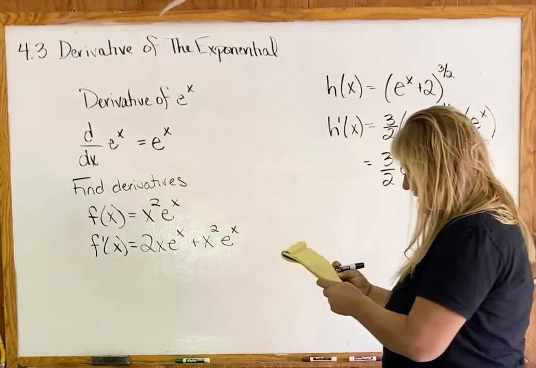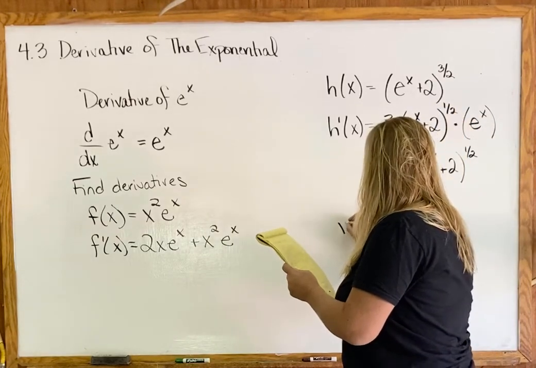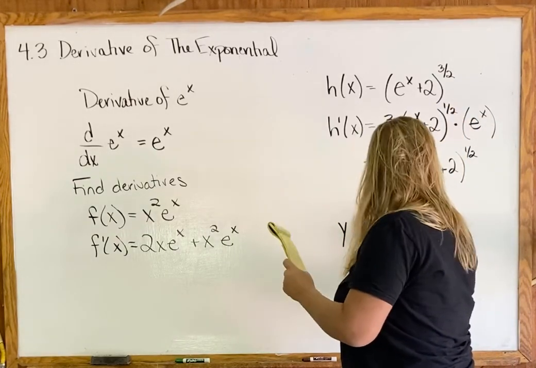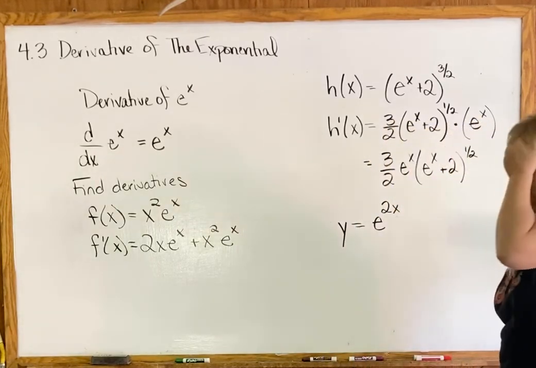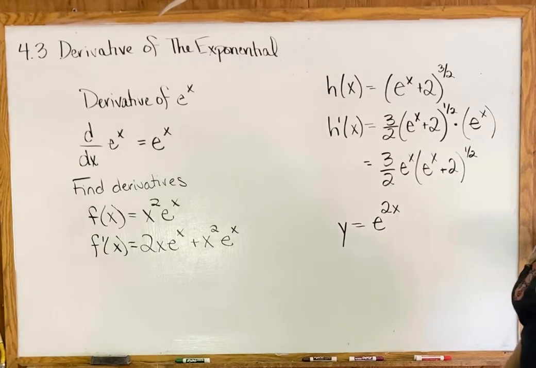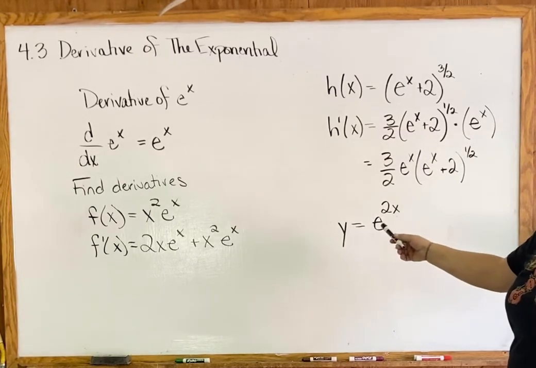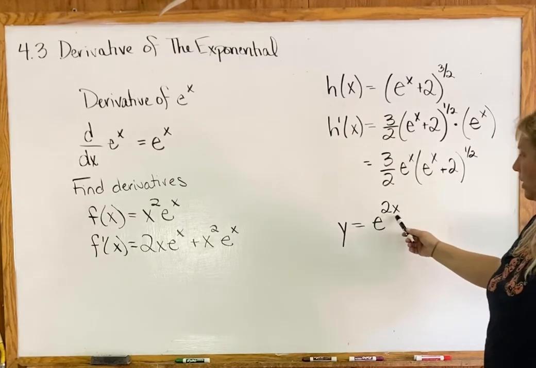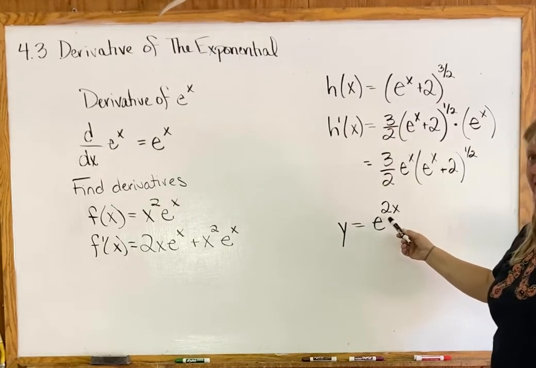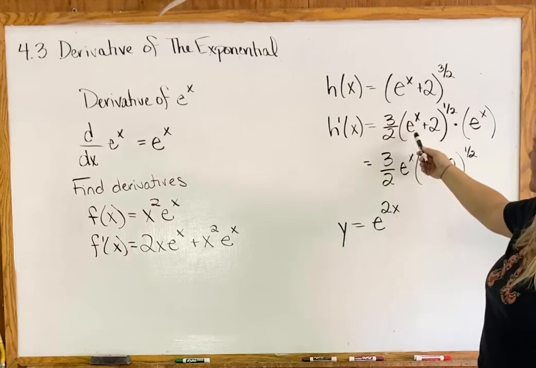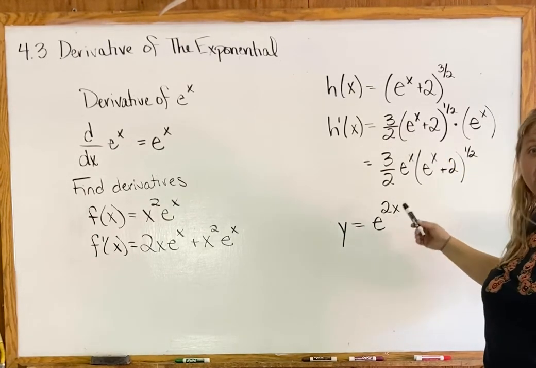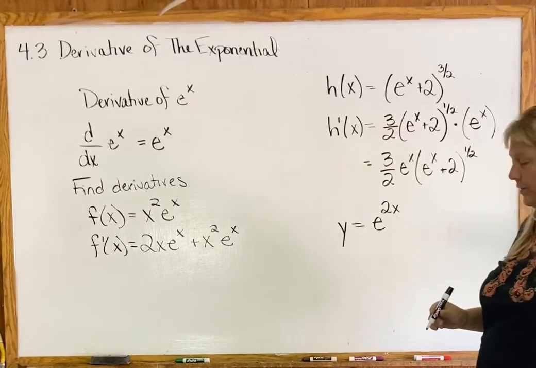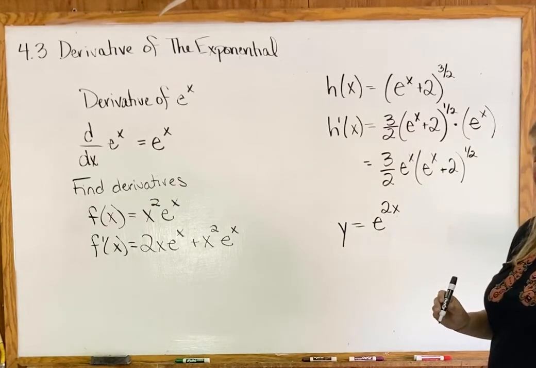Okay, how about this one? y equals e to the 2x. If we're dealing with the compound continuous interest formula, like Pert, a lot of times we're going to see values in the exponent. So we're going to see e to the 2x or e to something with an x in it more than we see plain e to the x, so this is what we really want to focus on.